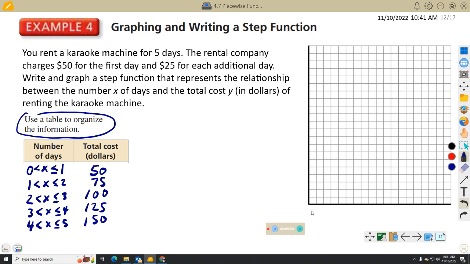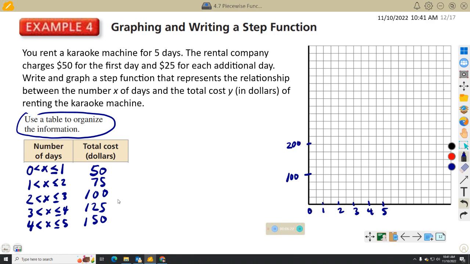So number of days, 0, 1, 2, 3, 4, 5, and the total cost in dollars, let's go 100, 200.